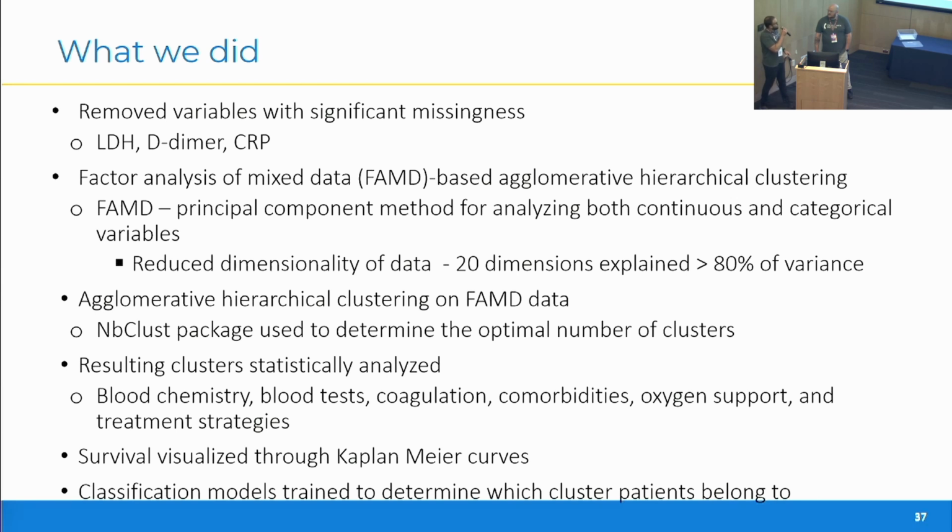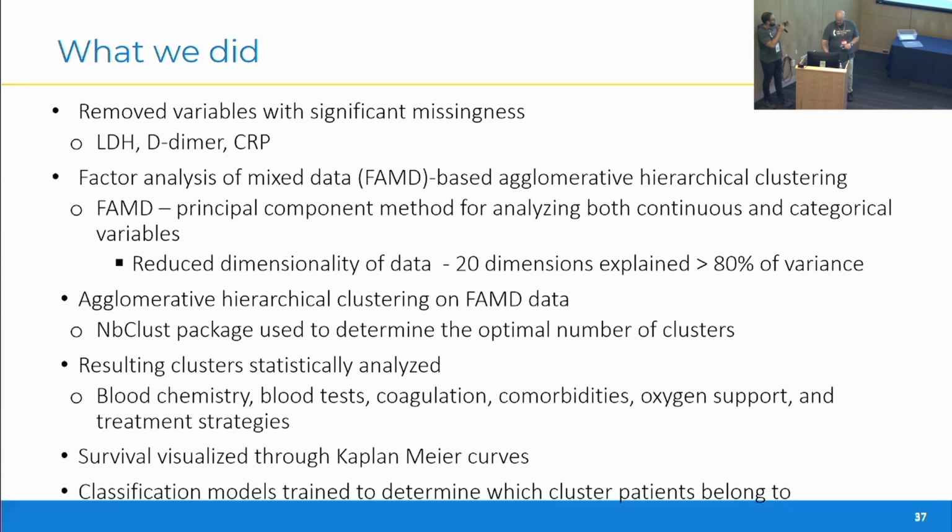And what we did overall is we performed factor analysis of mixed data, which is basically a principal component-based method that reduces the dimensionality of our data to improve the performance of clustering, and used a hierarchical clustering method to look at if there were any patterns of severity across our different patients. We used a few different tools in the middle here, like determining the optimal number of clusters within our patient groups.